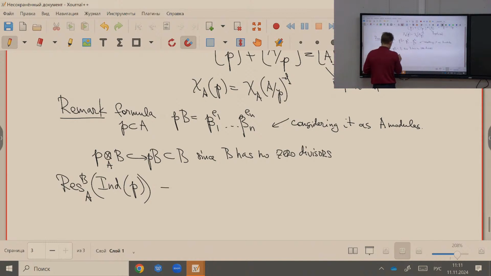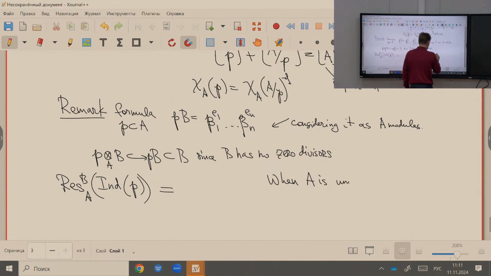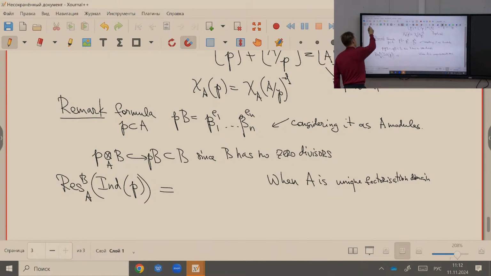If you apply this formula, then notice that when E is a factorial, a unique factorization domain, so any ideal is principal. No, principal ideal domain, sorry.